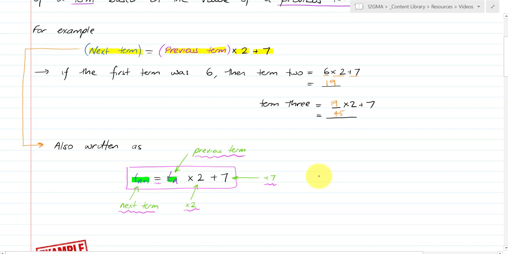Tn plus 1 is saying term n plus 1. Now that sounds complex, but that n plus 1 just represents a number, and it's equal to term n, which is the previous term, because n plus 1 is 1 on from n. So there's a relationship between those two terms.